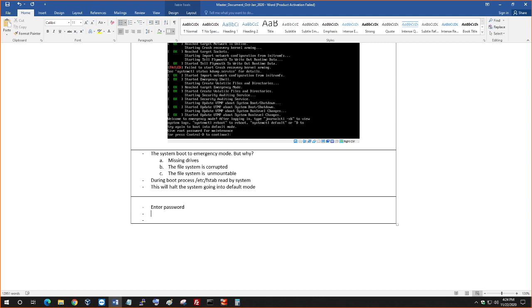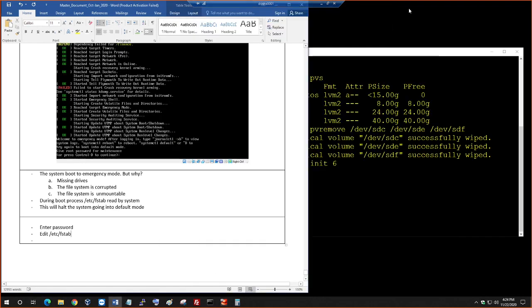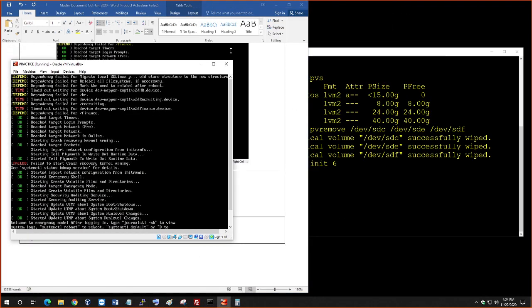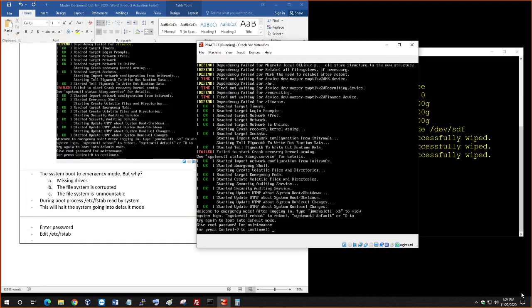Okay, and then what you have to do is edit /etc/fstab. So what I'm going to do is show you. I'll go in here. Remember, you cannot use PuTTY in here, so go ahead and enter the password.